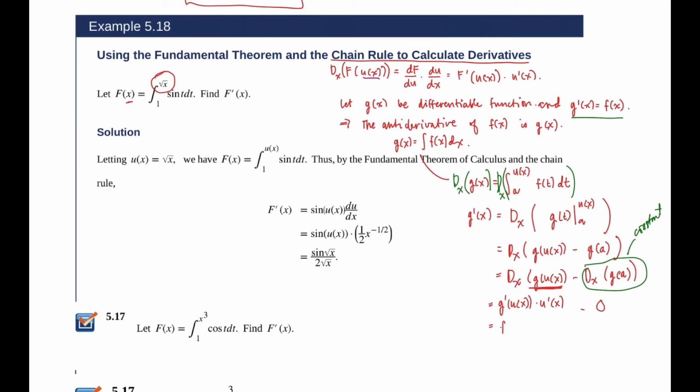So g prime of u of x is f of u of x times du over dx. So this is g prime of x. This is what we're going to use here.